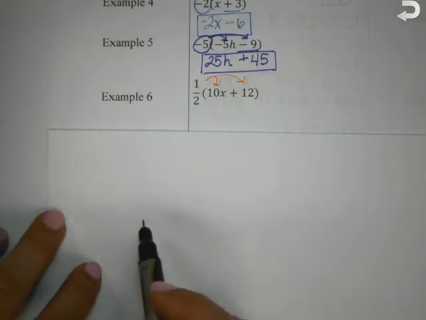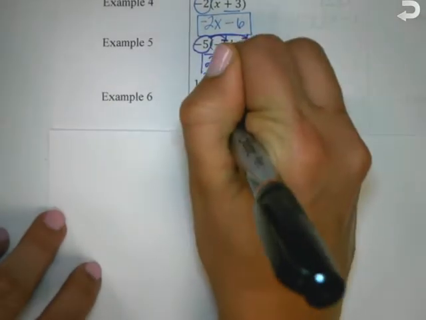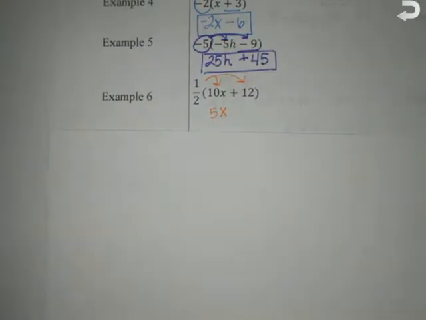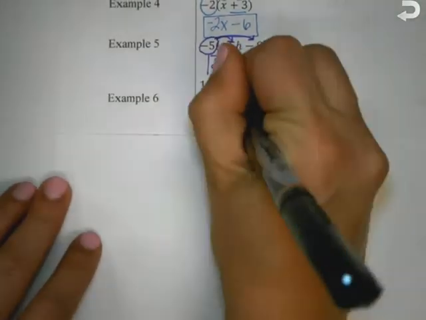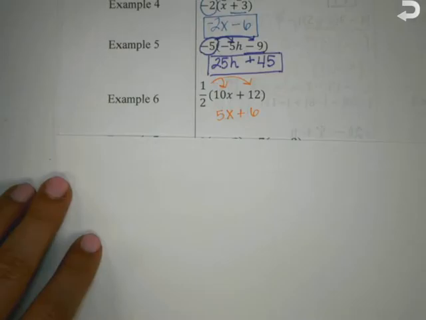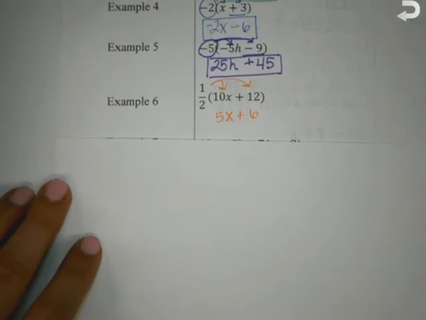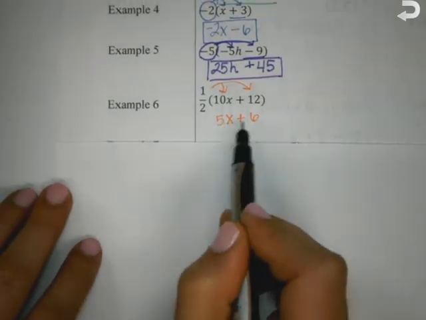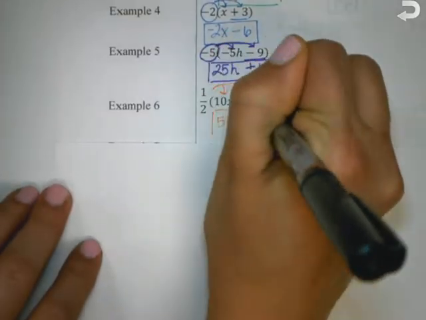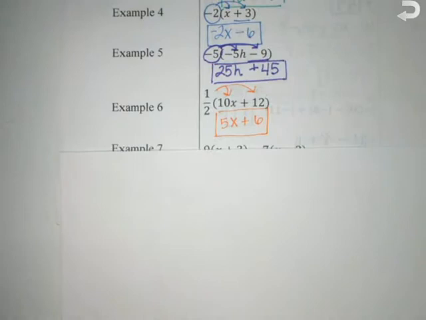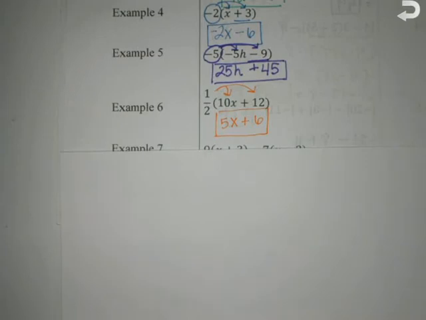And what is 1/2 times positive 12? Positive 6. Can I combine these two terms at all? Nope. So I'm done. So whenever you see a fraction, it's the exact same thing as dividing. Okay, so don't get intimidated by the fractions.